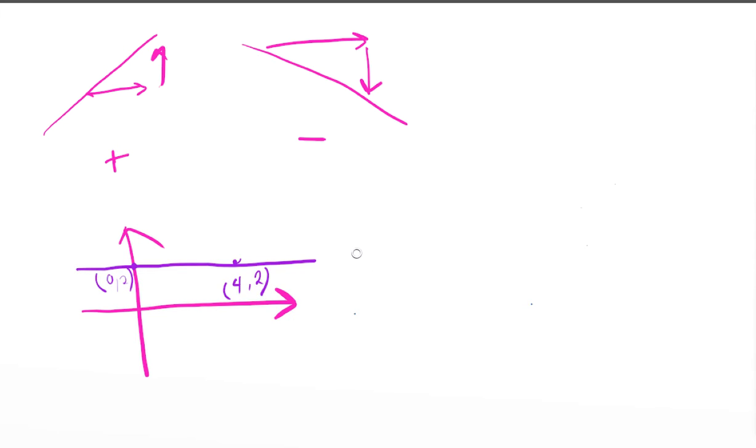So we can do the same thing where we find the gradient, the rise over the run. So it's y2 minus y1, so 2 minus 2 over 4 minus 0. 2 minus 2 is 0, 4 minus 0 is 4. So 0 divided by 4 is just 0. So a line that is horizontal has a gradient always of 0.